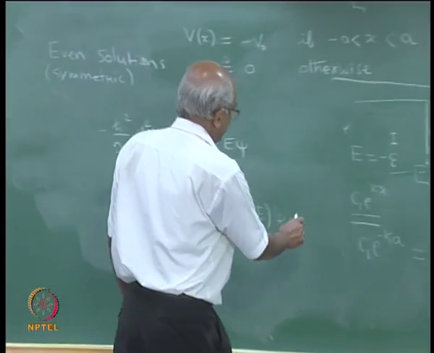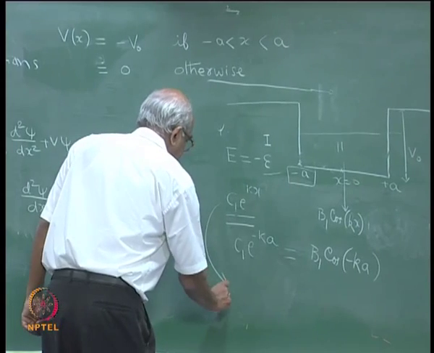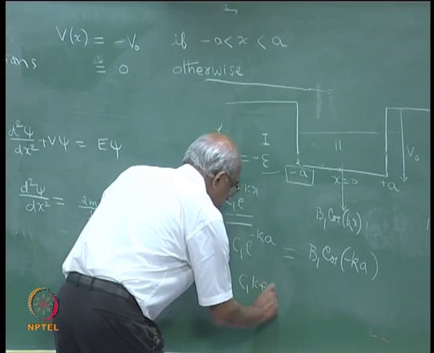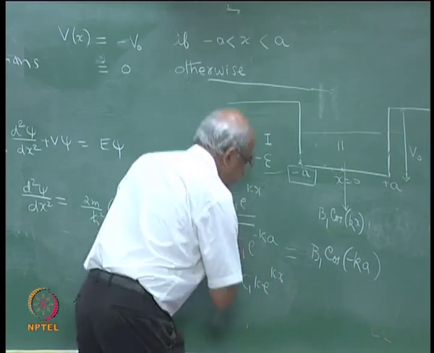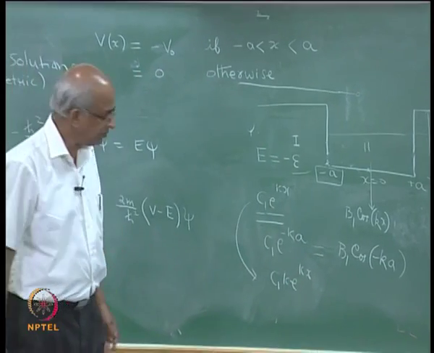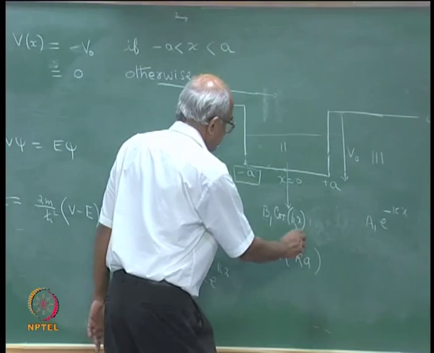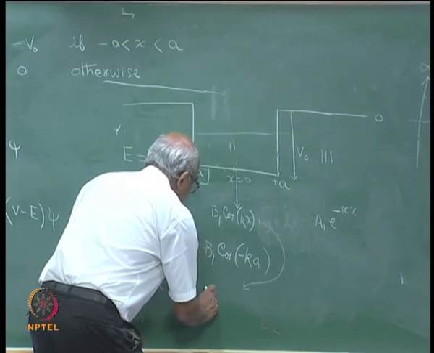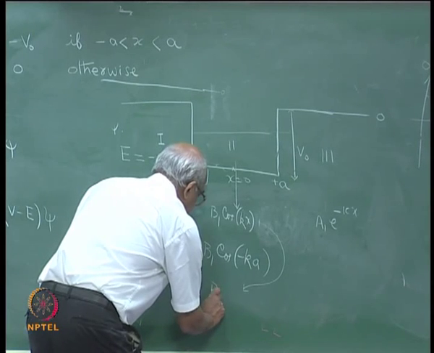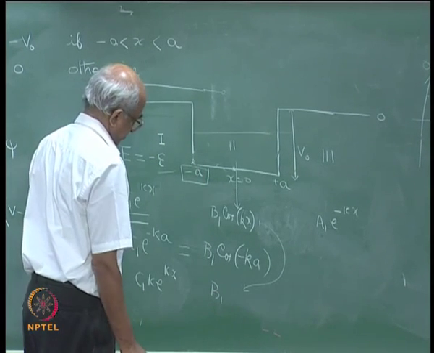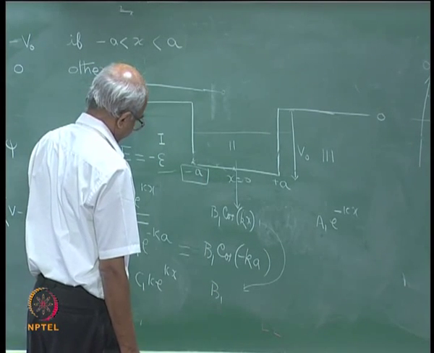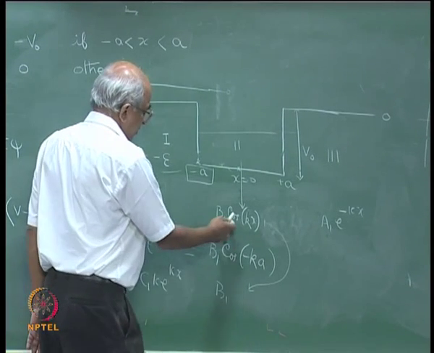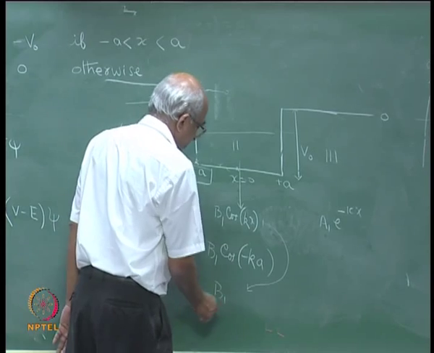So, how will you calculate the derivative? Well, the derivative of this function with respect to x will be C1 kappa e to the power of kappa x, and the derivative of this function will be what? It is going to be B1 times the derivative of cosine kx. What is the derivative?